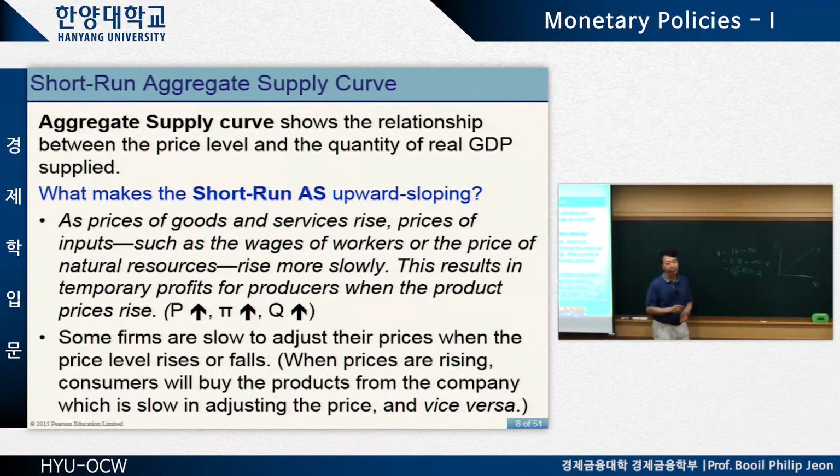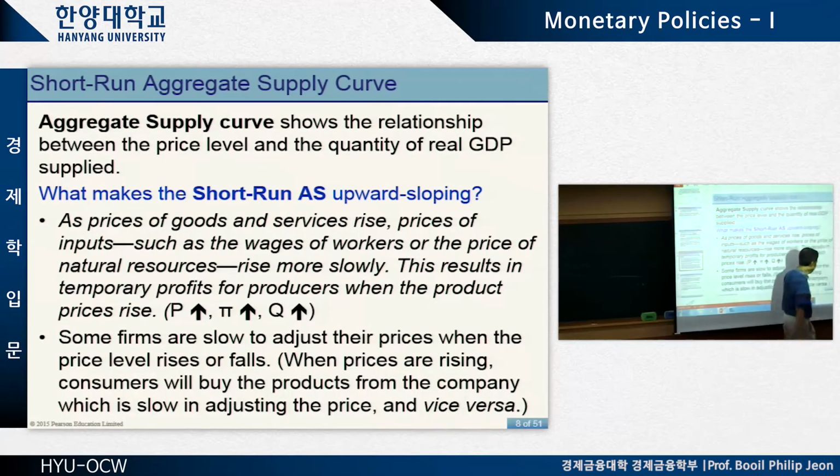So whatever you're producing, your product or service, becomes more profitable. Naturally, this producer would invest more money and increase the output because that particular good or service is more profitable.